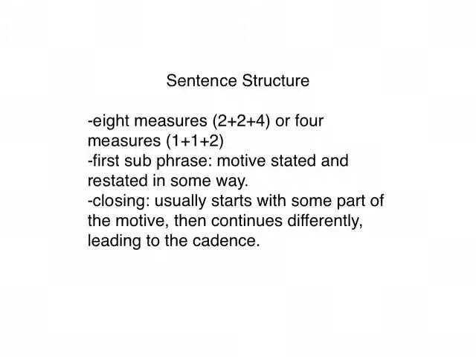Or if the phrase is 4 measures long, reduce that to 1 measure of the same motive, and then 2 measures contrasting. In the first subphrase, the motive is stated and restated, and in the closing, it usually starts with some part of the motive and then goes differently, leading to the cadence. Here's an example that we saw from a previous chapter.